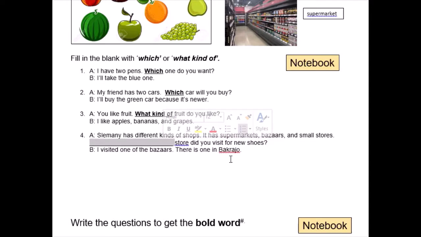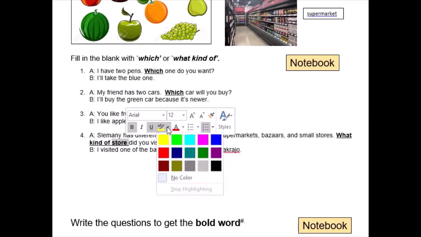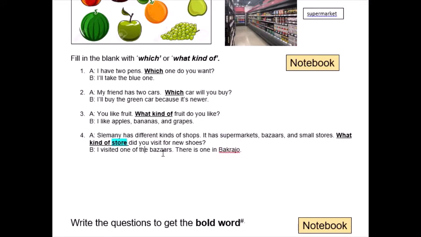So in my question, what kind of shop, what kind of store did you visit? All right. And I visited one of the bazaars.